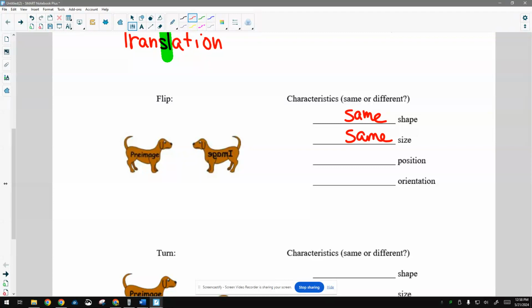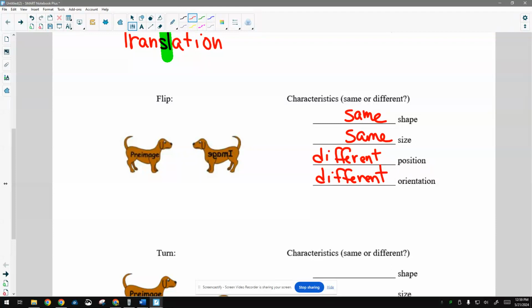Did his position change? Yes, he's not in the same location. So he's a different position. And how about his orientation? That is different also. He was facing the door and now he's facing the windows. This is a flip. It physically looks like he flipped, right?